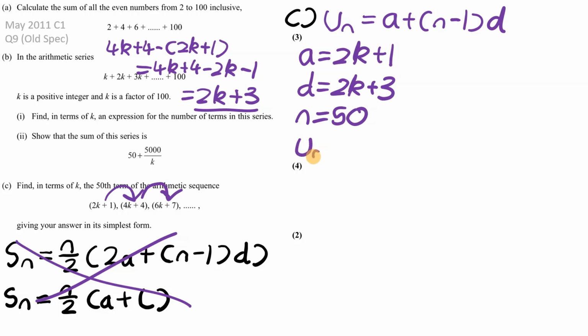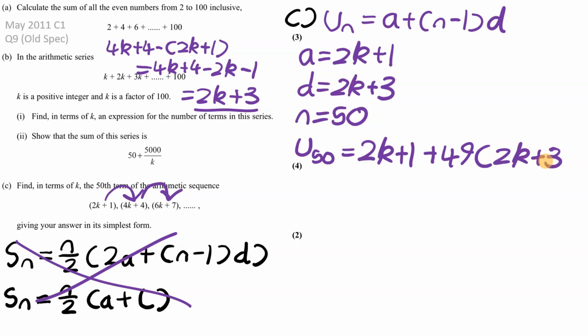So therefore, u50 is equal to a, which is 2k plus 1, and then plus (n minus 1), so this is going to be 50 minus 1, which is 49, multiplied by d, which is 2k plus 3.